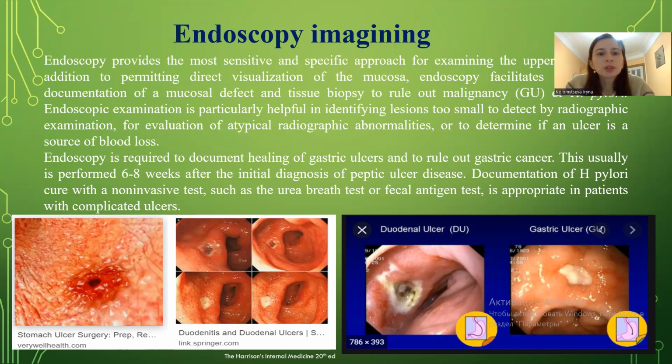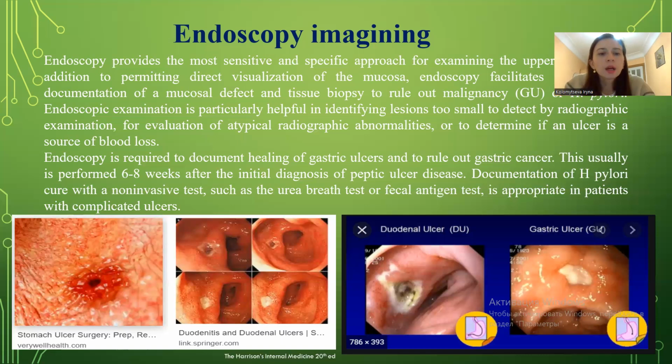Endoscopic examination is particularly helpful in identifying lesions too small to detect by radiographic examination, evaluating atypical gastroradiographic abnormality, or determining if an ulcer is a source of blood loss.